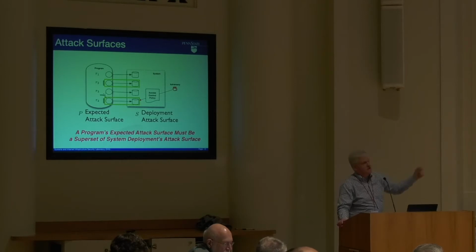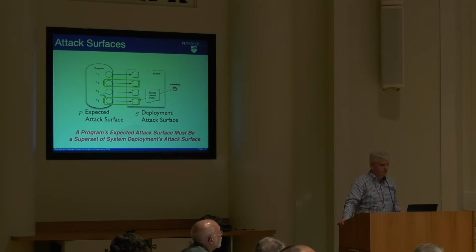And so what we expect is that the program's expected attack surface is going to be a superset of the deployment's attack surface, right? So the program is defending at least the number of attack surfaces that are going to be provided or made available by the deployment.